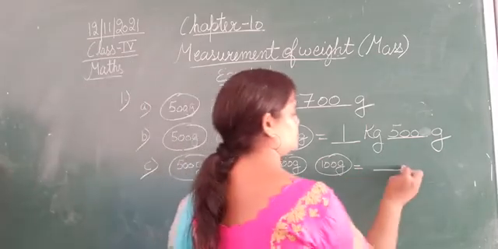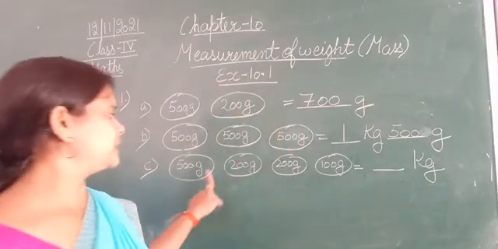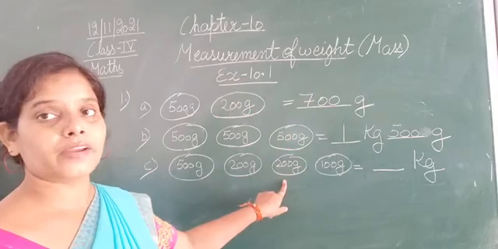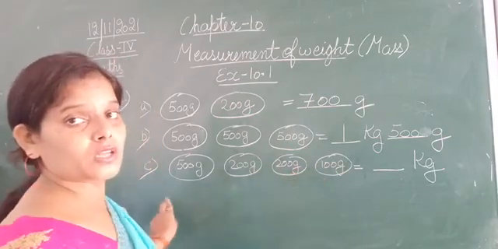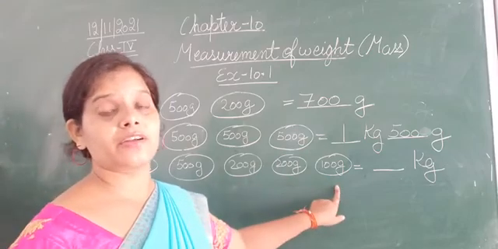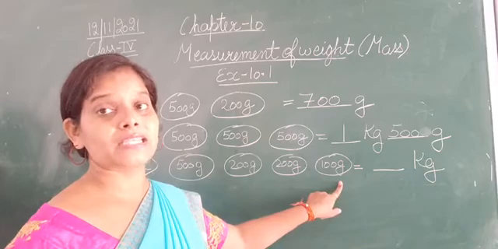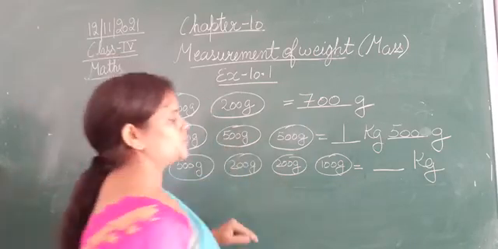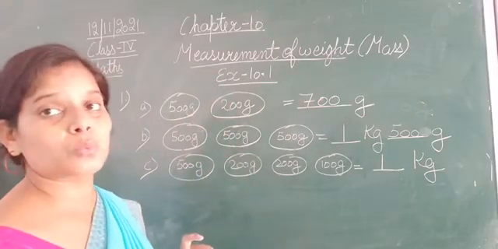Okay, that we need to write here. So 500 gram plus 200 gram, that is 700 gram plus 200, 900 gram plus 100, 1000. So these 500, 200, 200 and 100, the sum of this is 1000. So that means 1000 grams. And 1000 grams is equal to 1 kg. So the answer is 1 kg.